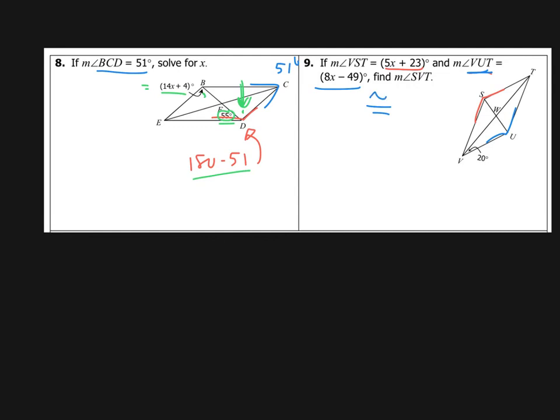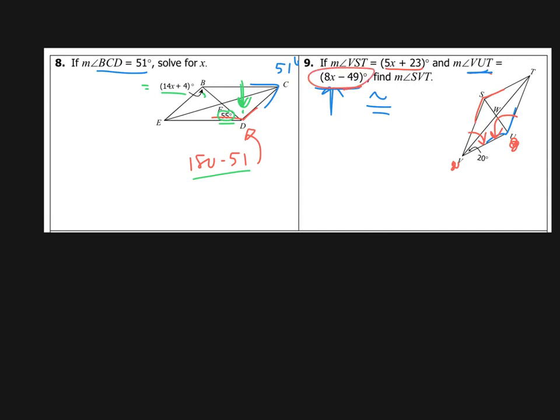Well, now what do I do? Once I solve for x, I can actually substitute x back in and get the measure of those angles. And then again, I know that this angle right here and this angle right here are consecutive interior, which means that the big angle here and the big angle here add up to be 180. Well, I know I can get this because that's VUT.